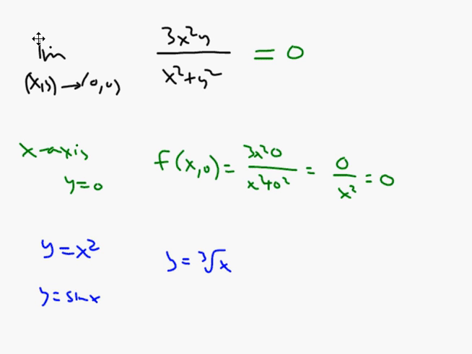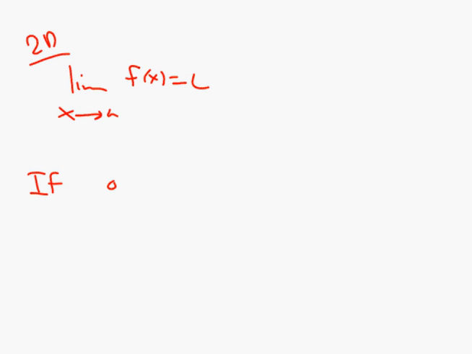We need a definition for limits in the 3D world, right? We know one from the 2D world. So back in 2D for a minute, right? We have the limit as x goes to a of f of x equals L. That limit exists if the following is true.